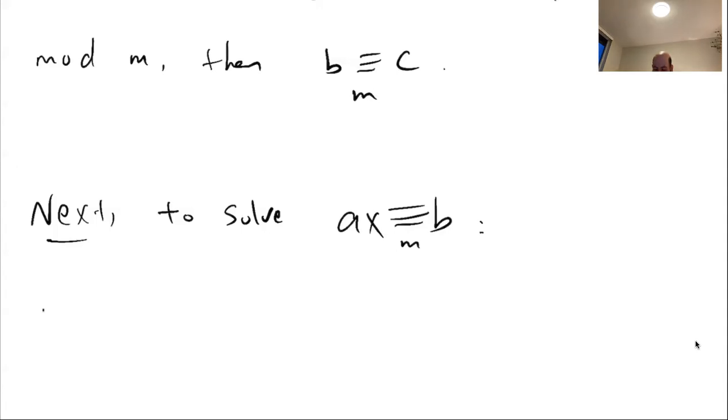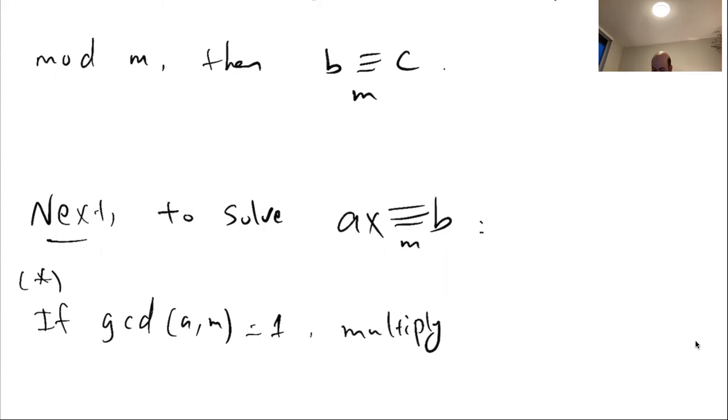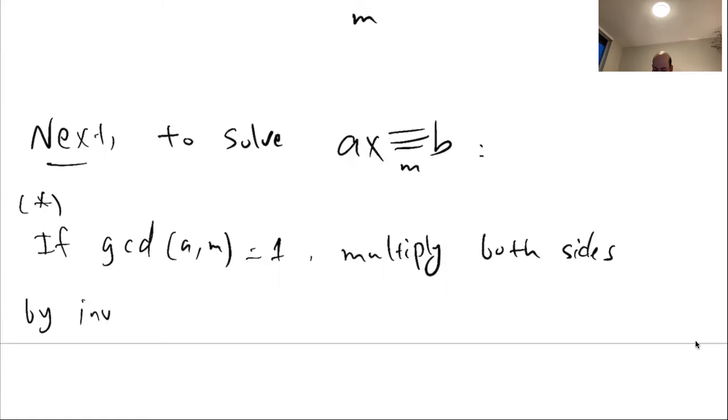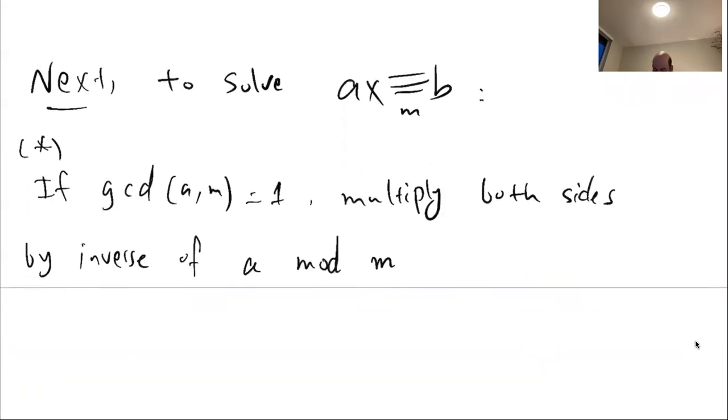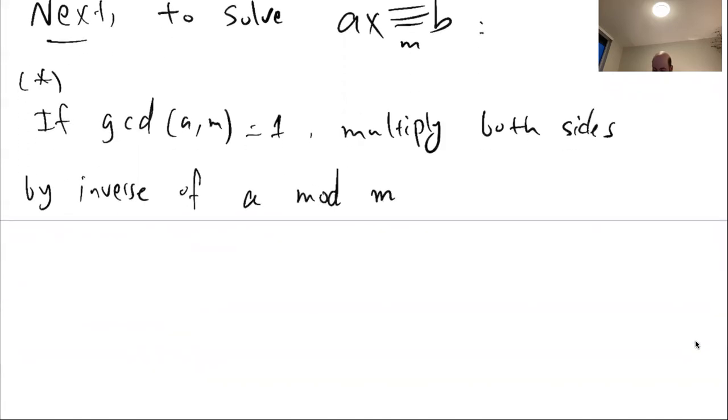So if GCD of A and M is equal to 1, multiply both sides by the inverse of A mod M. And then you will find X.